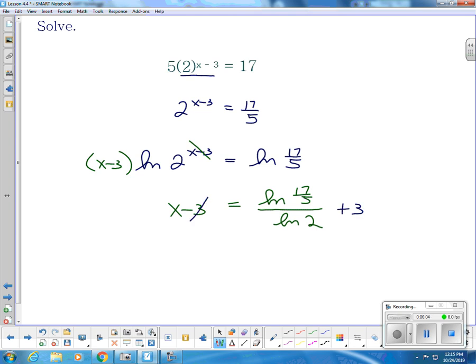Now you pick up your calculator because your x is by itself. All right, so make sure you can put these in right. Make sure your answer matches my answer, and we are rounding to 4 decimal points. We can do that. That's not too crazy. Let's try. We ready?